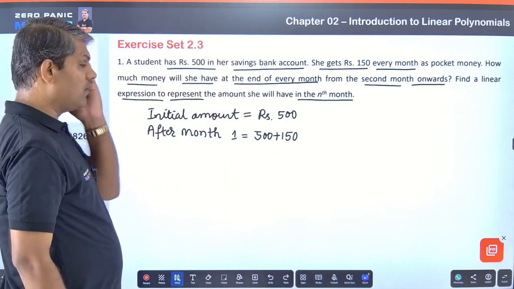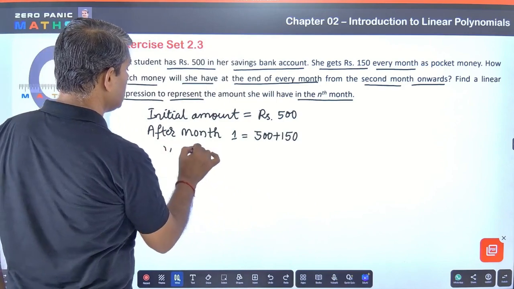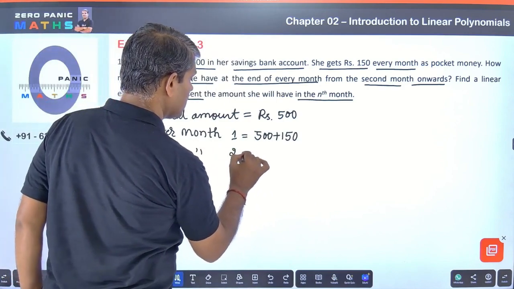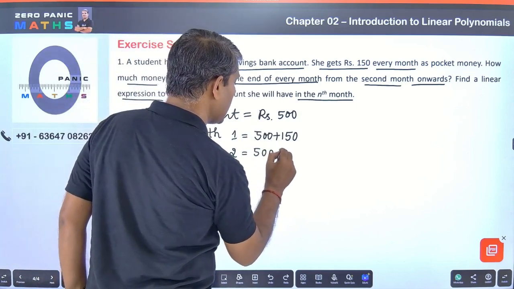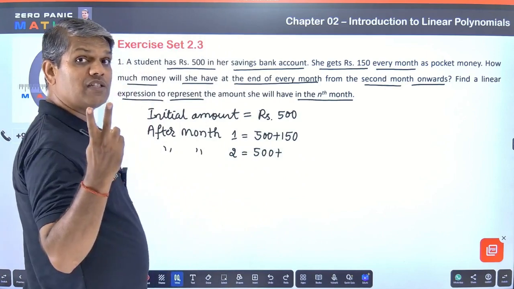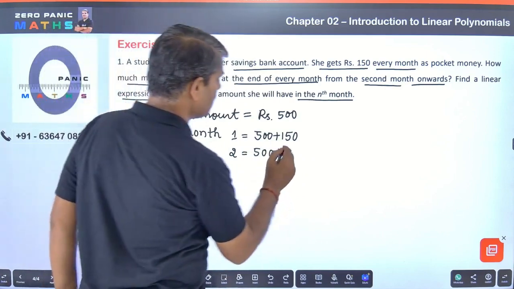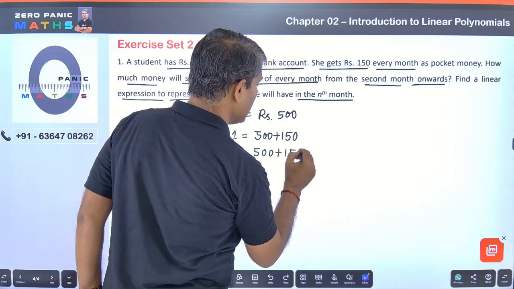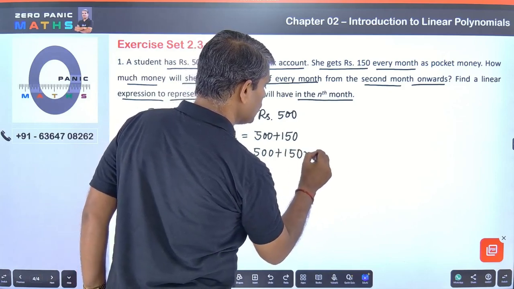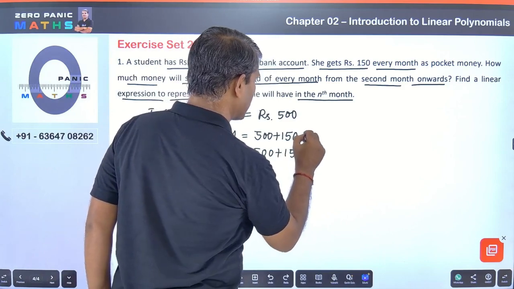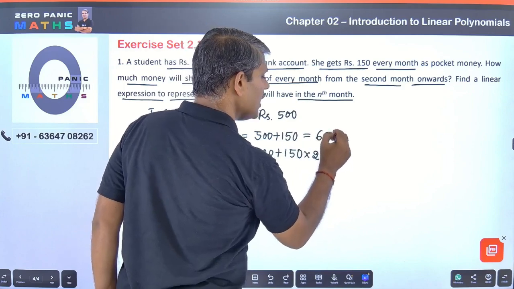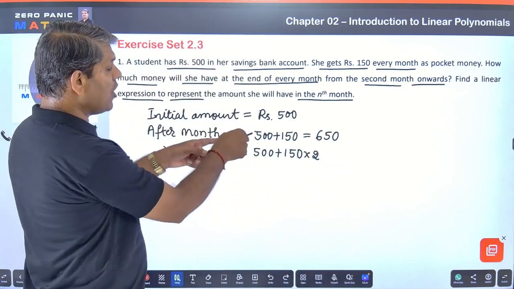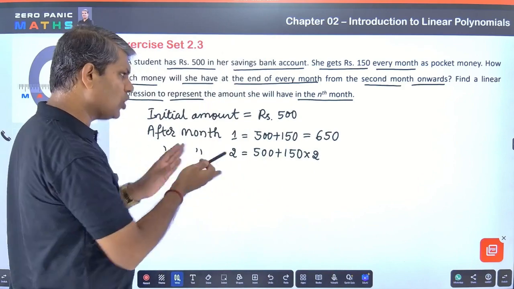After month 2, you can observe a linear pattern here. She initially had 500, and after 2 months she gets 2 times 150. It is 150 into 2, or as good as adding 150 to the 650, which is the amount after the first month. Both are the same.